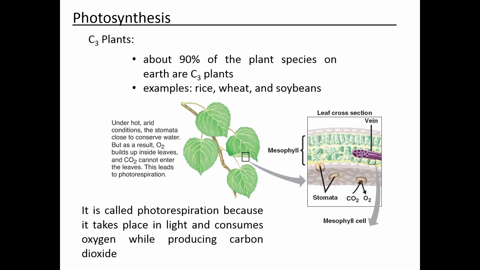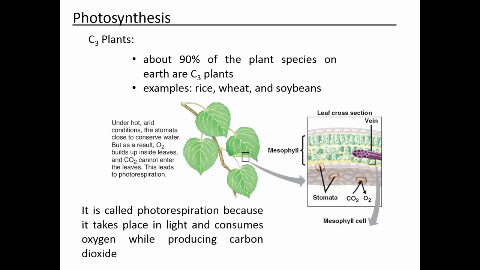So what we're going to see is that in hot, dry environments, C3 plants have a disadvantage, and C4 and CAM plants have an advantage, because they're able to minimize this process called photorespiration. On hot, dry days, photorespiration is going to take place in C3 plants, while C4 and CAM plants have a pathway that minimizes that process.